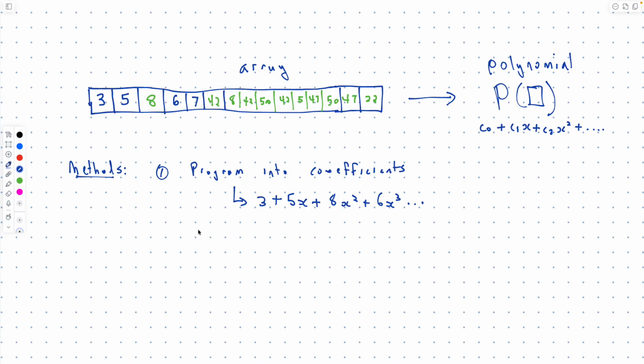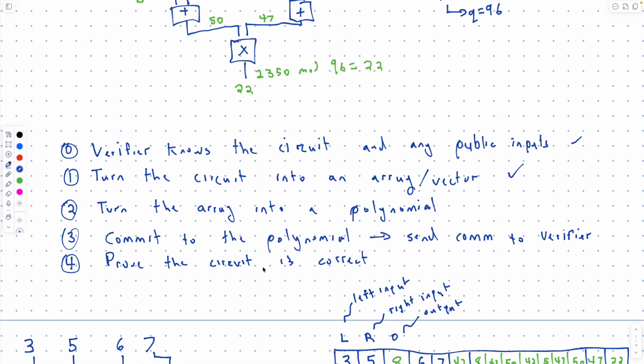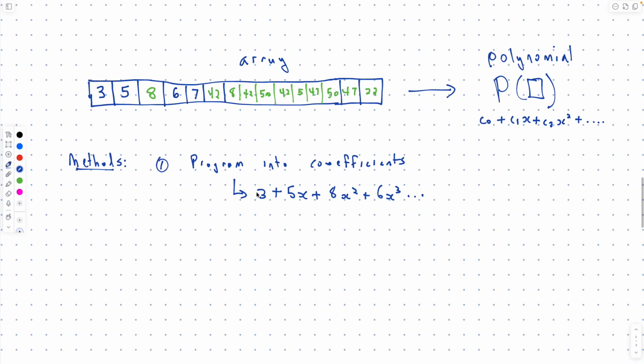This is a sort of dumb question, but let's say I want the polynomial in coefficient form, because the next step is to commit to it using KZG, and I need to know the coefficients anyway. If I program my array directly into the coefficients, do I have to do anything to get the polynomial in coefficient form? I don't, it's already in coefficient form.